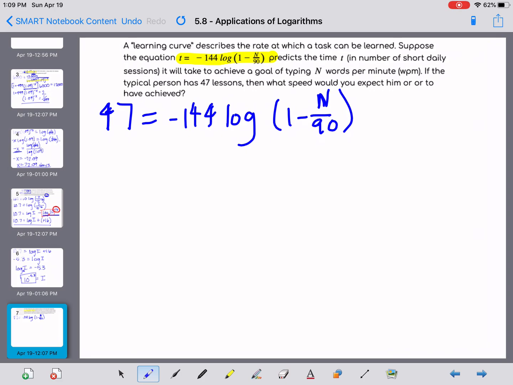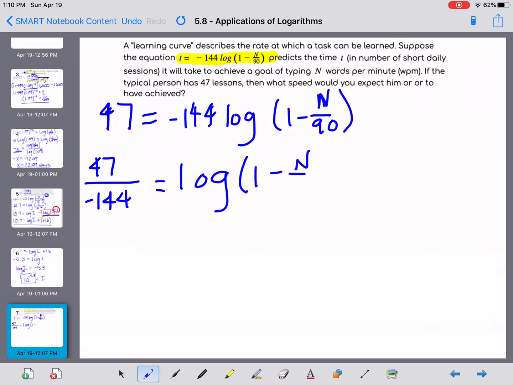I'm going to leave this as a fraction because it's not all that pretty. So now I'm left with log of 1 minus n over 90. If people are getting stuck, this is usually the place it happens. But just like the last one, we're going to use the same principle, where we convert this into an exponential using our base, which means both sides need to get it.